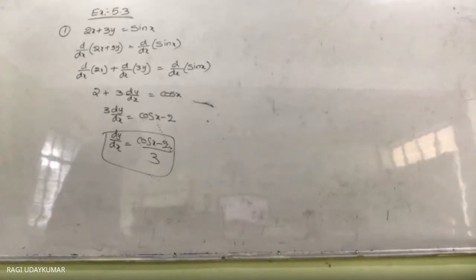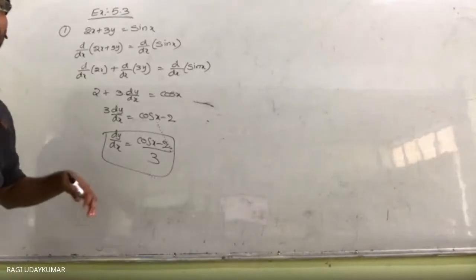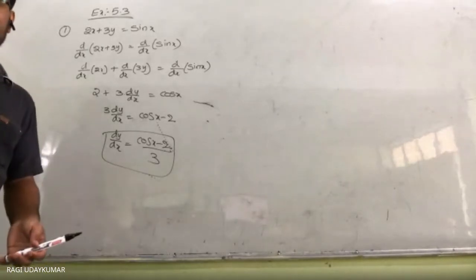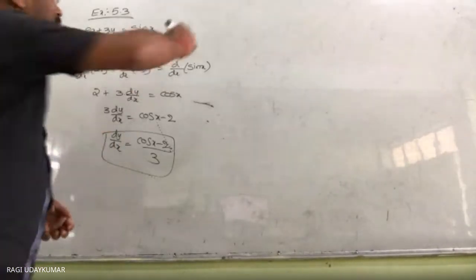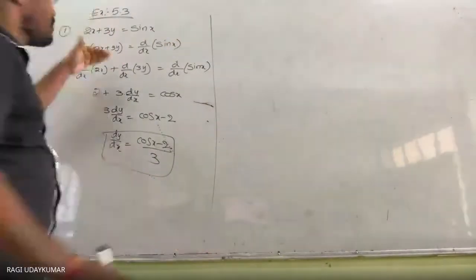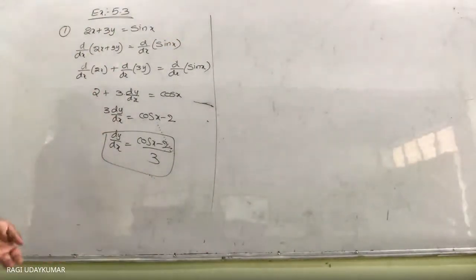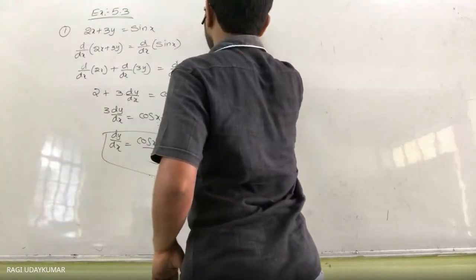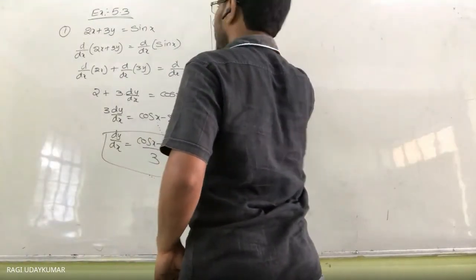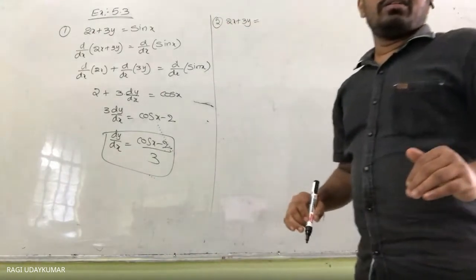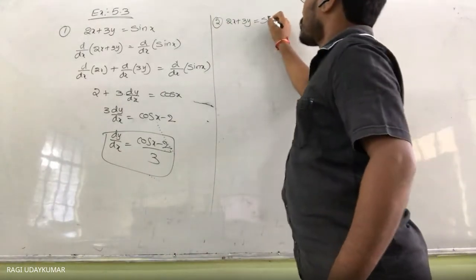Okay. Next, second problem is given: 2x plus 3y is equals to sin y. So that cannot be solved directly. Whenever you compare this problem, the first one you can write as a derivative directly. But in the second one, this is an implicit function. 2x plus 3y is equals to sin y is given to you.